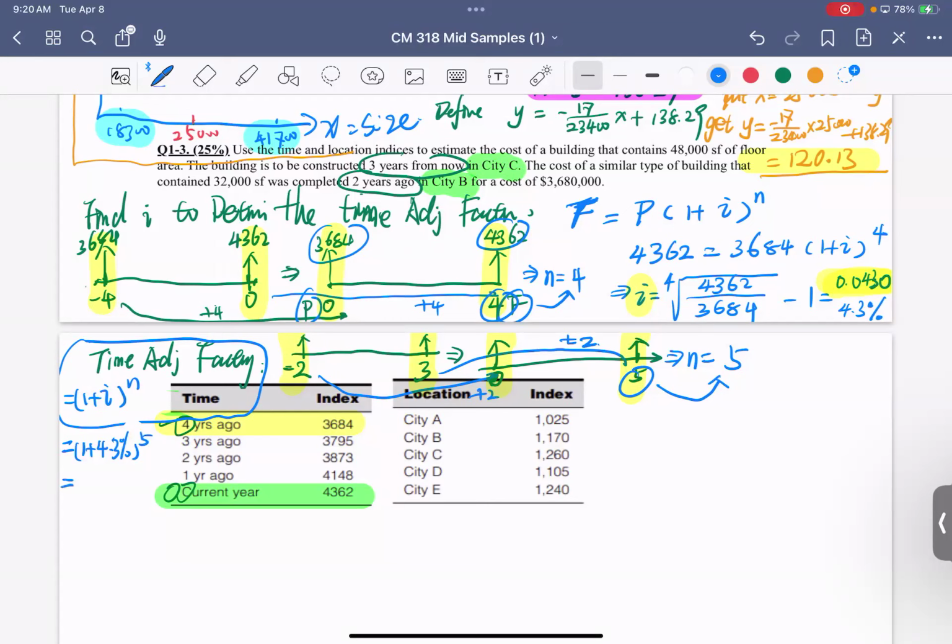Then this number is equal to 1.2343. Is that correct? A different number?